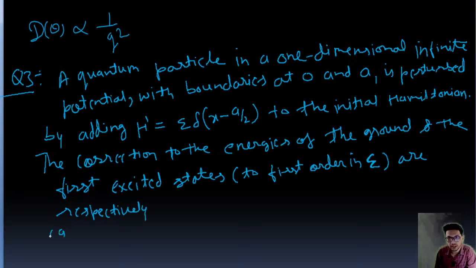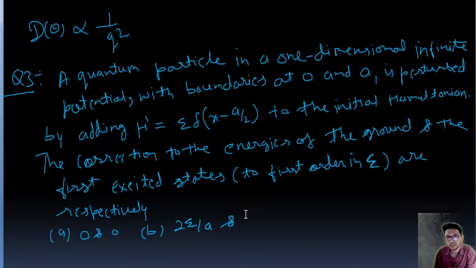Option A: 0 and 0. Option B: 2 epsilon upon A, 2 epsilon upon A and 0.